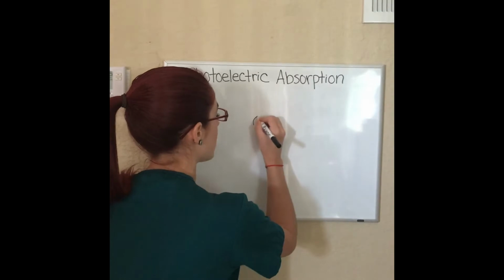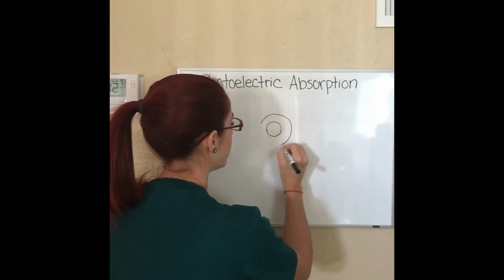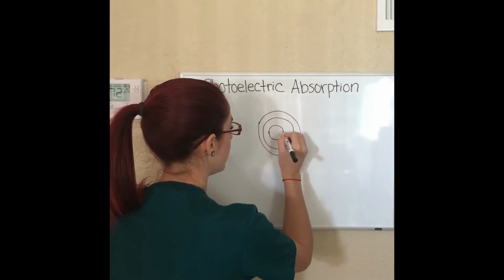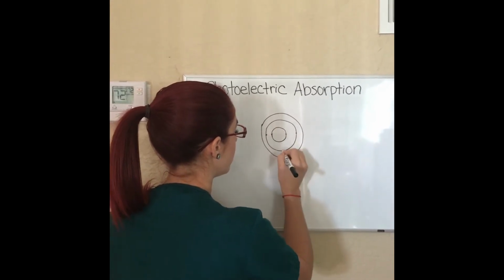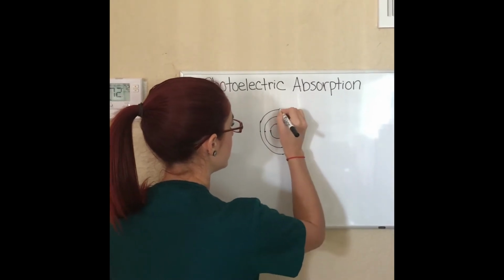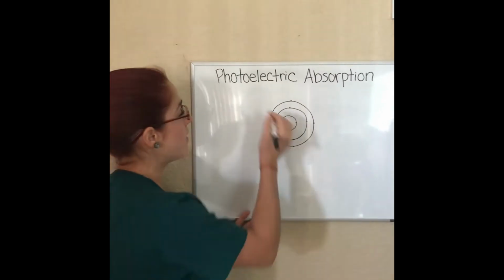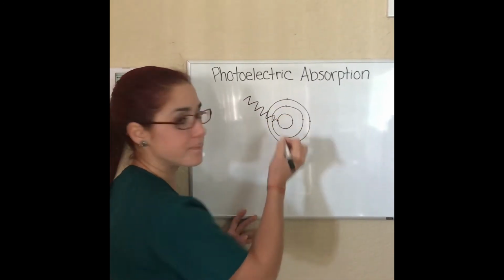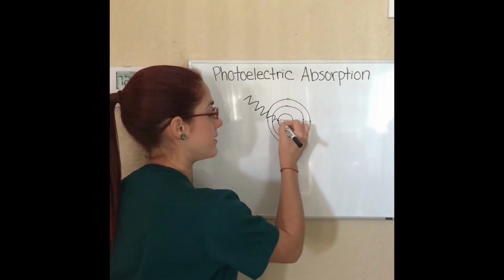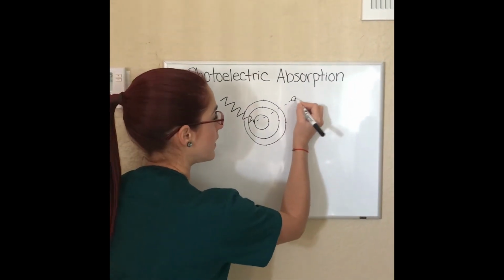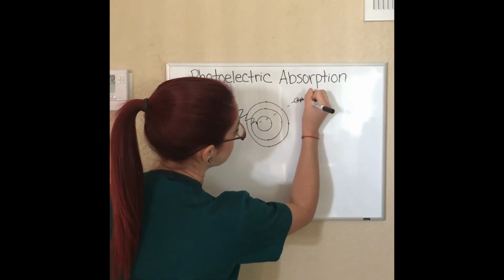The first interaction we're going to be talking about today is photoelectric absorption. During photoelectric absorption, an X-ray photon hits an electron on the inner shell. This inner shell electron is now ejected out of the shell and turns into a photoelectron.